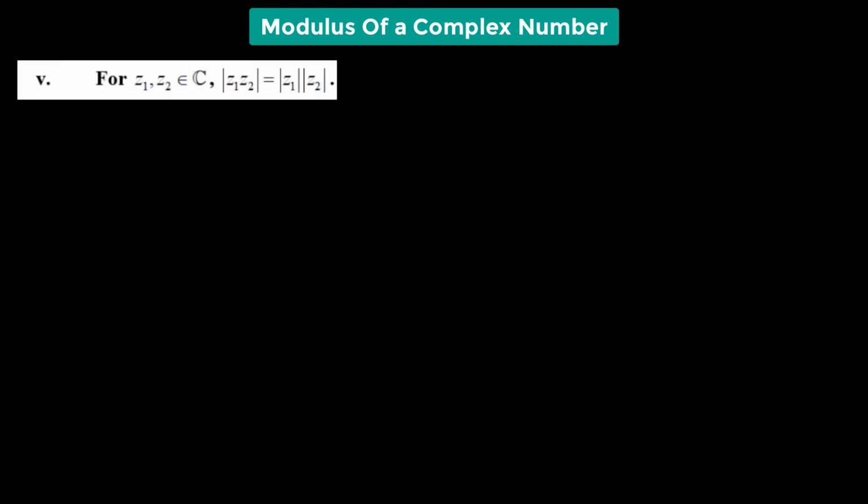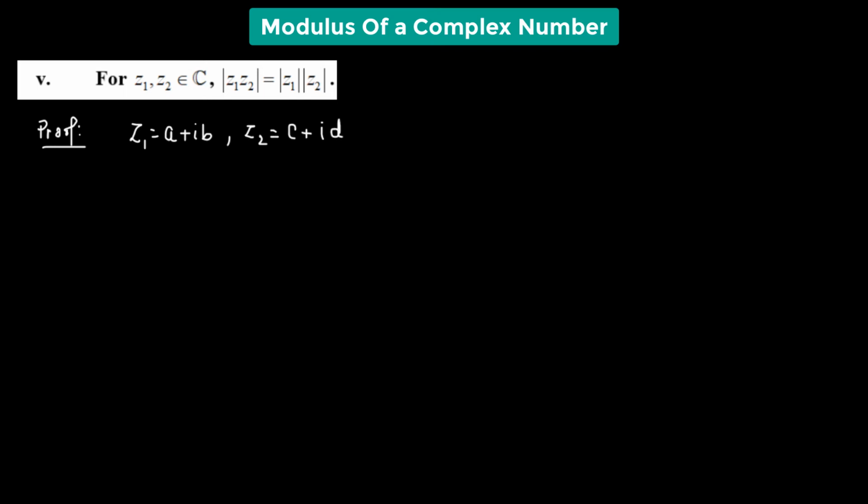Proof number 5 states that if we have two complex numbers z1 and z2, then first taking the product of the two complex numbers and then finding the absolute value is equivalent to finding the absolute values and then taking the product. It will give us the same result. So let us begin by assuming that z1 is given by a plus ib, and the second complex number z2 equals c plus id.